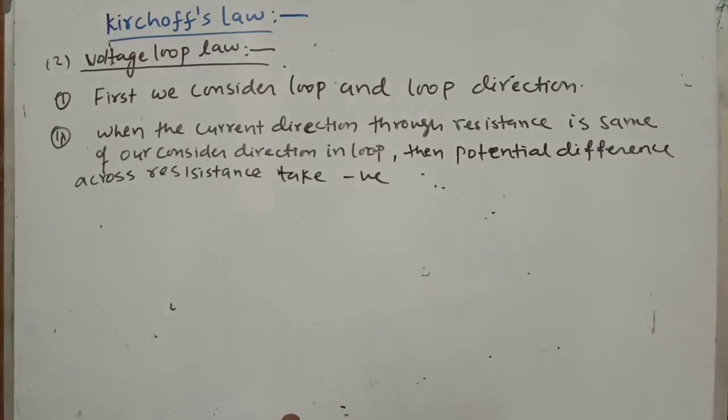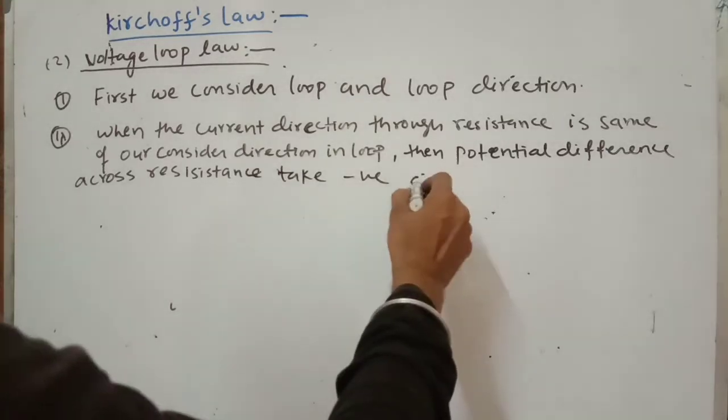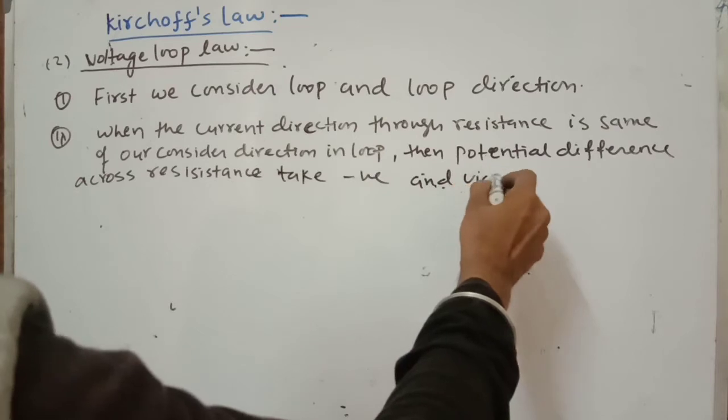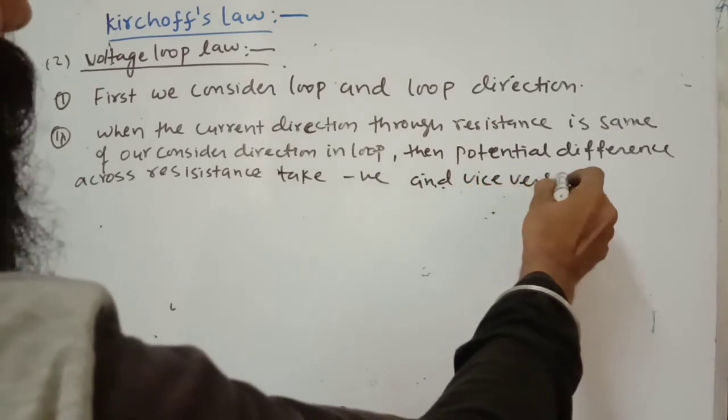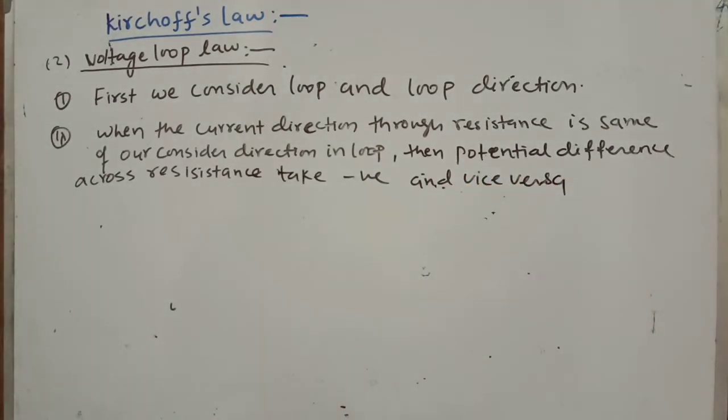And vice versa. That means if the direction of current through resistance is opposite of our considered direction in loop, then potential difference across resistance, consider positive.